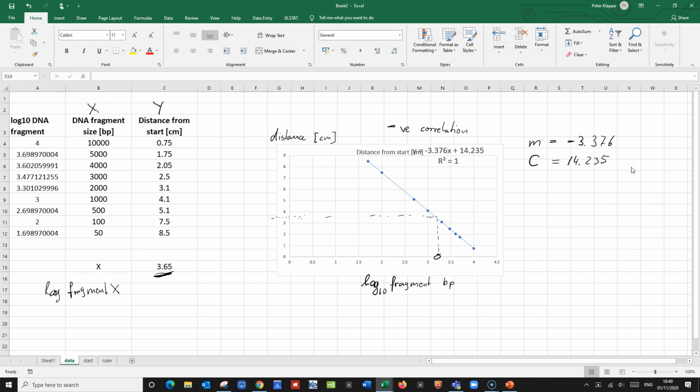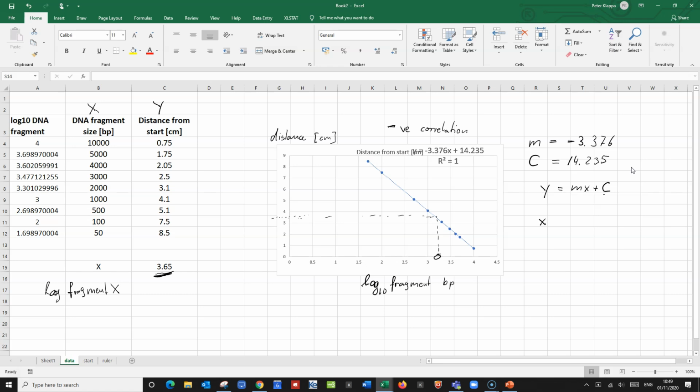Remember, we have our equation here, y equals mx plus c. That's the equation for the straight line of the standard curve. And if we want to make x the subject of this equation, we just simply transform that.